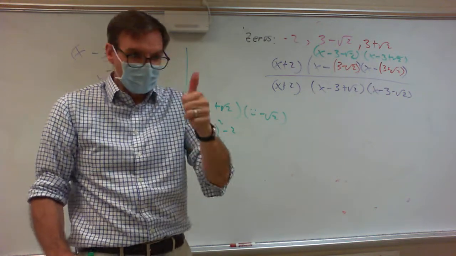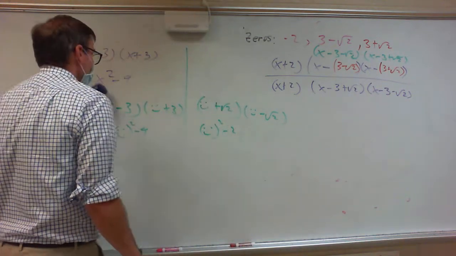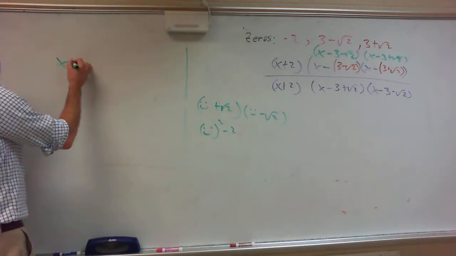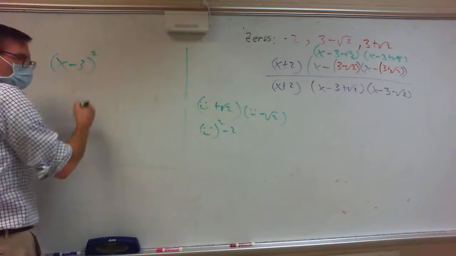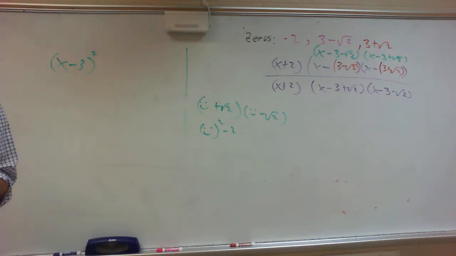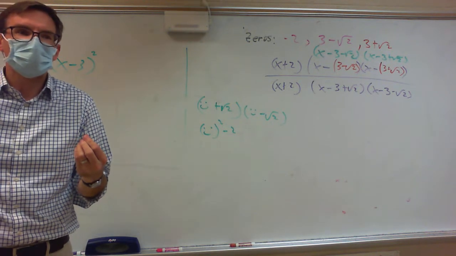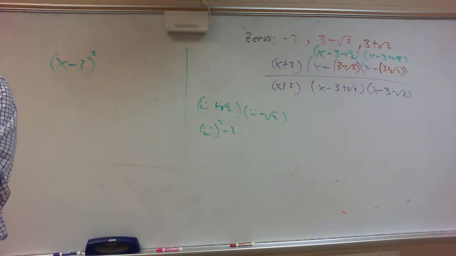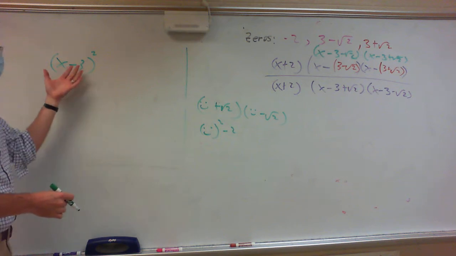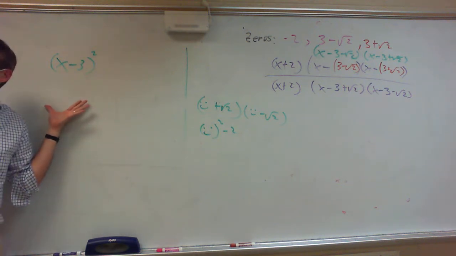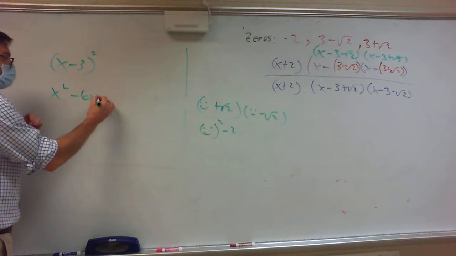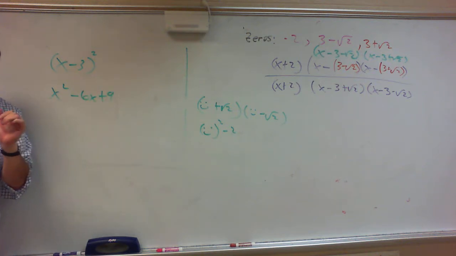All right. Okay, the other thing is, if I give you x minus 3 squared, how many terms are we going to get? 3, right? Can we write this out in our head? Are we okay? Okay, so what's this going to be? x squared minus 6x plus 9?